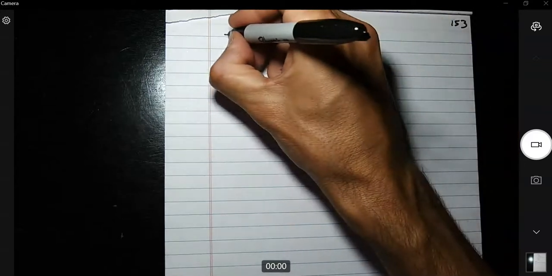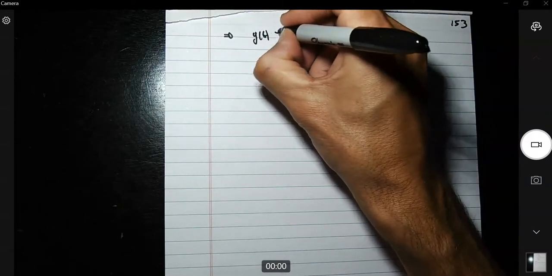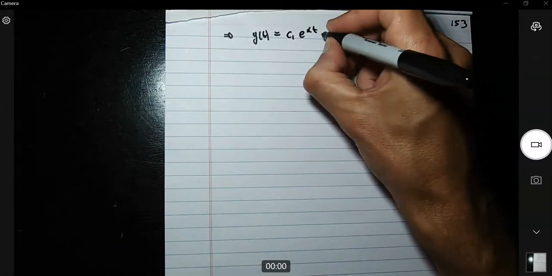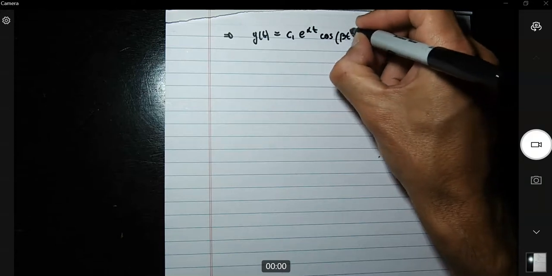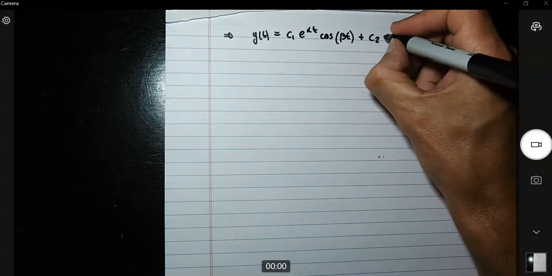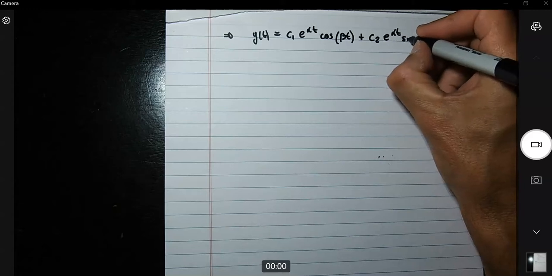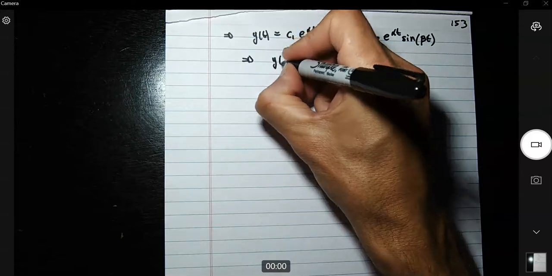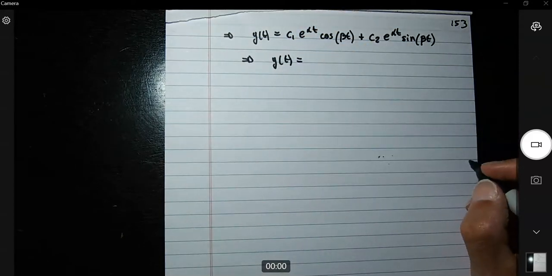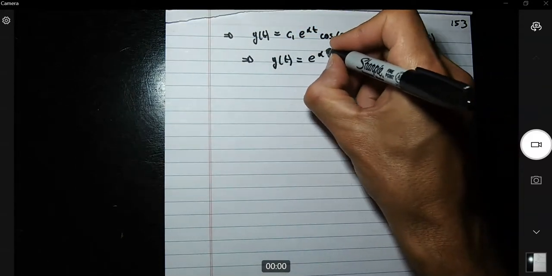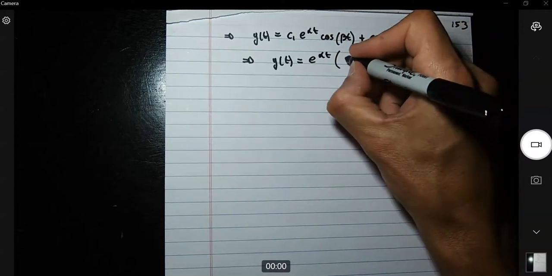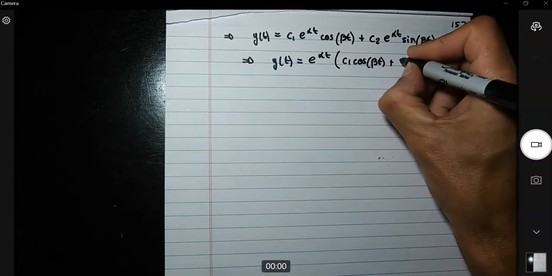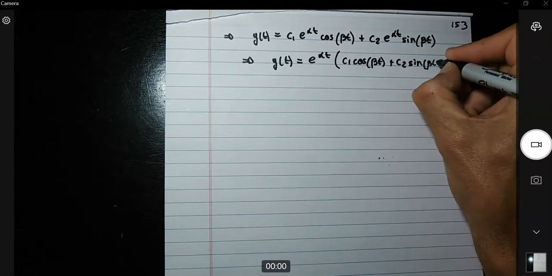So this will mean that y of t is equal to c1 exponential alpha t cosine beta t plus c2 exponential alpha t sine beta t, or we can just compact the solution and write it down as e alpha t, factoring out e alpha t, of c1 cosine beta t plus c2 sine beta t.